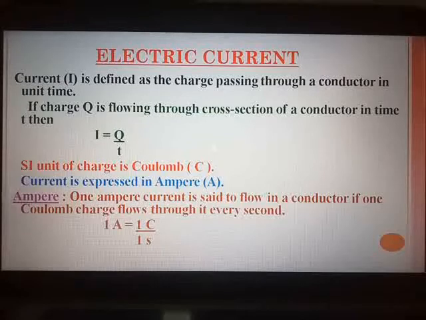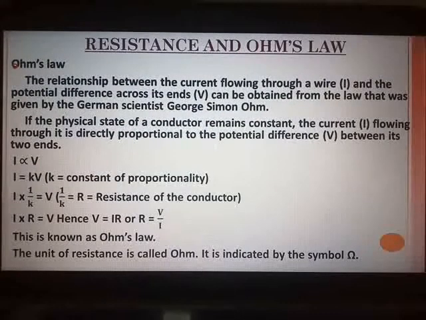The unit for current, the unit for charge, everything should be known by you. It can be asked under MCQs, and this part is an inseparable topic when it comes to physics. Our next very important concept from this chapter is resistance and Ohm's law.